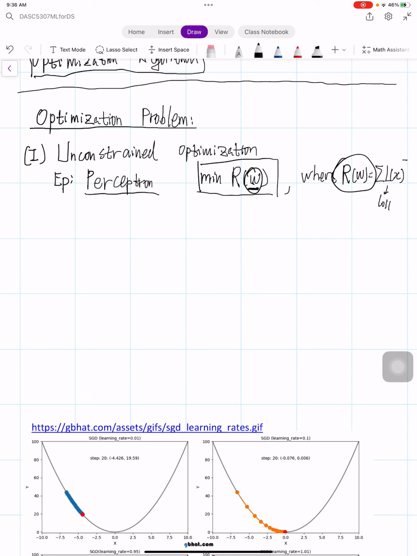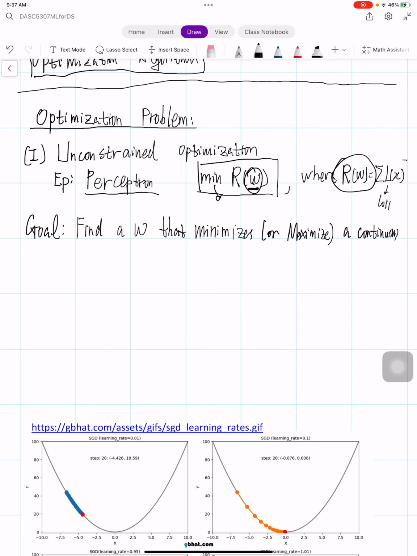So here, in general, in unconstrained optimization, the goal is to find a W vector that minimizes this, or later on when we talk about the maximum likelihood method, we maximize a continuous objective function, for example, f of x or f of omega.